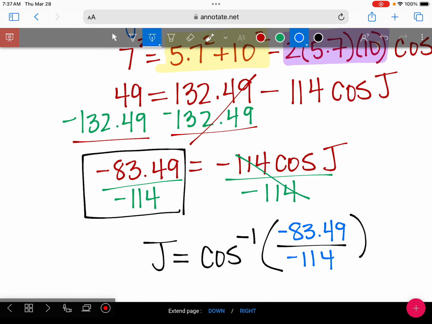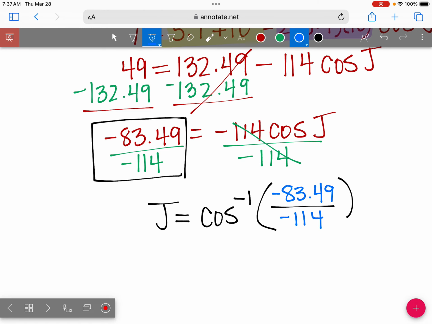So go ahead and type that in your calculator. Type in the inverse cosine.